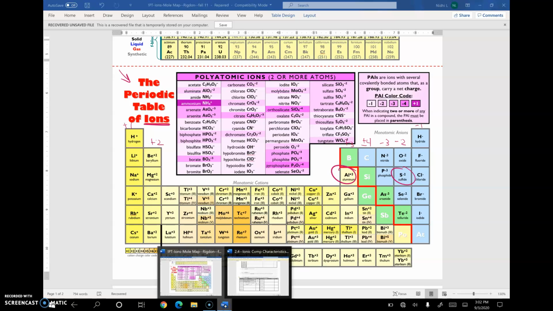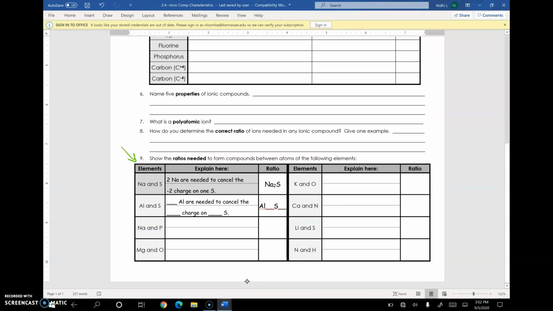So let's go back to our worksheet here. Aluminum has +3. Okay, I'll put it here. Sulfur -2. So let's do that. Aluminum +3, sulfur is -2. We're going to bring this 2 at the bottom. Why am I doing this? Because it's the easiest way to put together the formula.